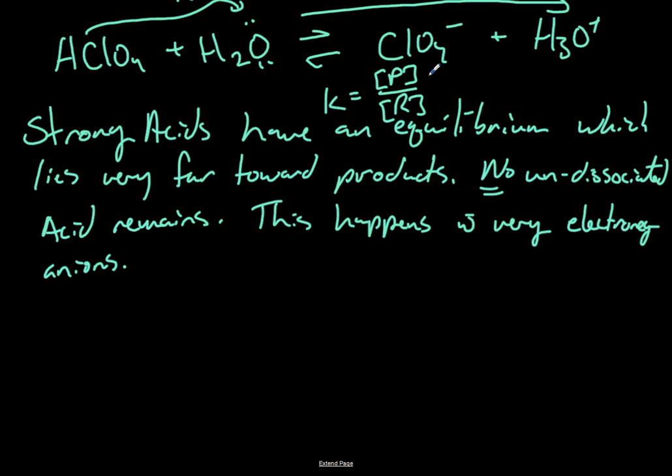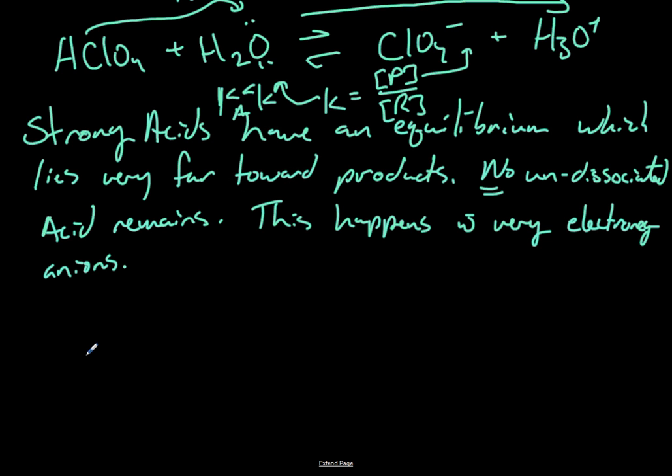So K is much above 1. Our K value is much higher than 1 for a strong acid. And when we're talking about an acid, it's not just a K value, it's a Ka. K is very high.